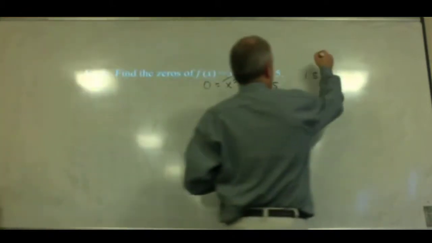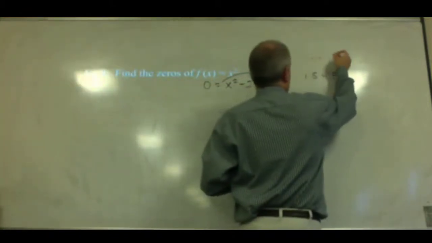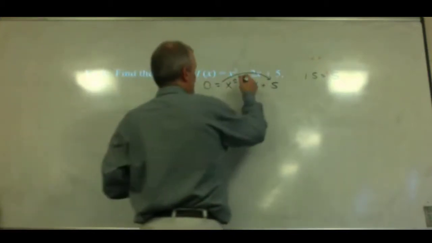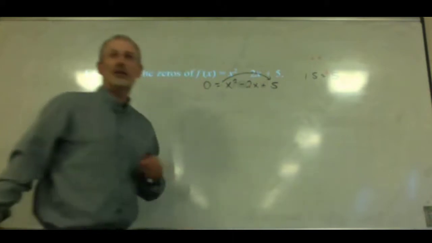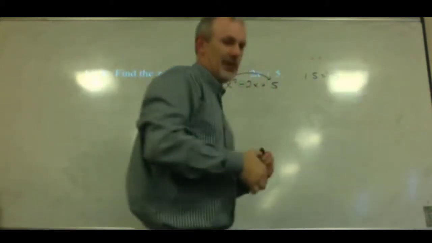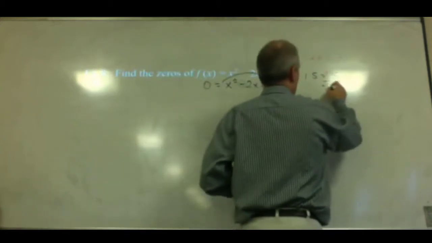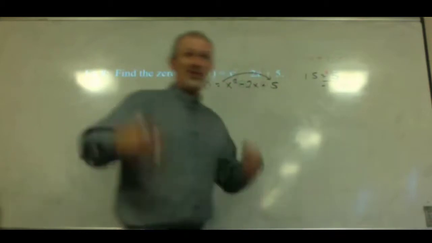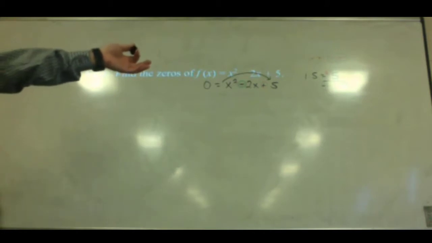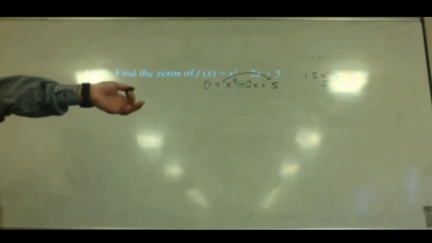Then we have to look at this, and this tells us they're both going to be negative. But here's our problem. If we write down the factors of 5 that are both negative, the only options we have, because 5 is prime, is -1 and -5. Does that add up to be -2? No. We can't factor this.